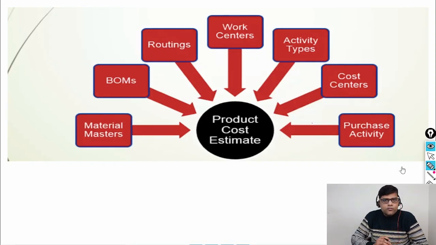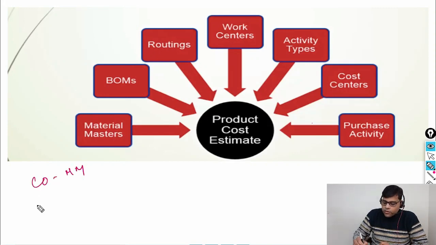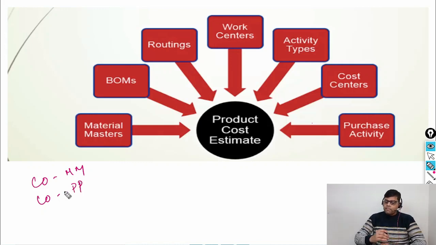Of course, we are going to calculate the cost in CO. So CO needs to be integrated with the MM module. CO needs to be integrated with our PP module, and activity in-house will be there. So it is going to be integrated with your PP module, or PP-PI module for process industry, and it will be integrated with material management to provide all the information, because from various sources we are going to accumulate the cost and calculate it.